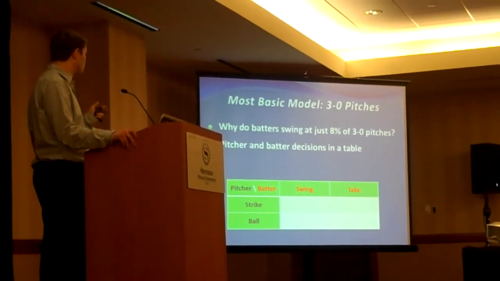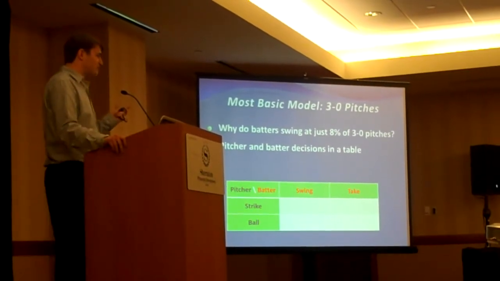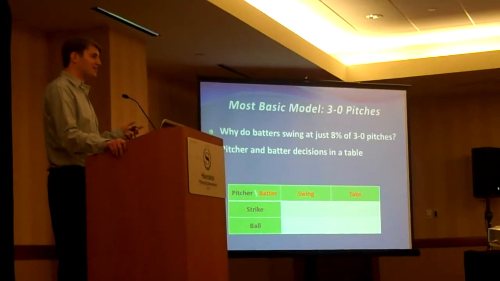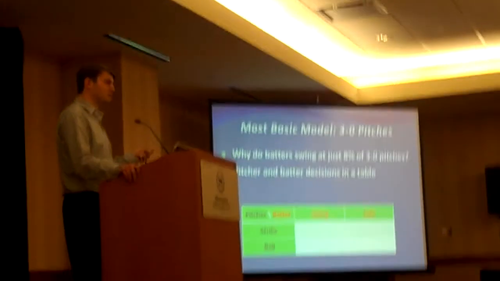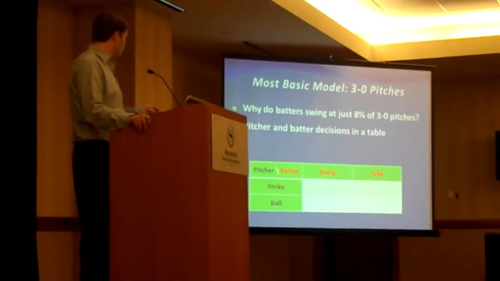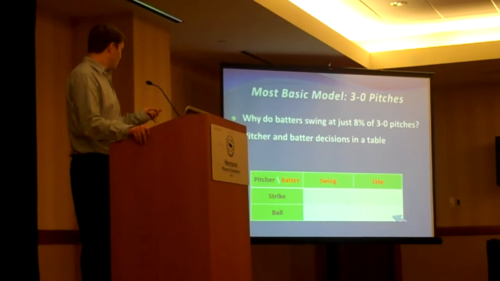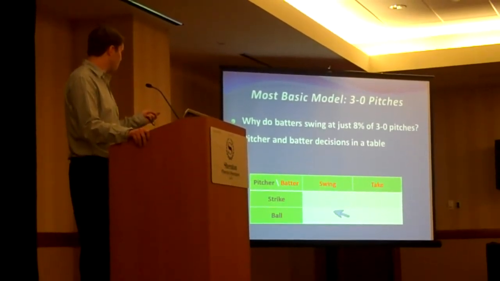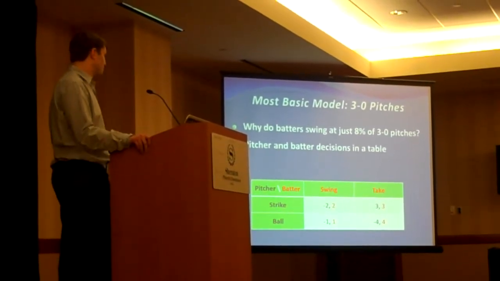However, between strike swing and strike take, if you look at the data, batters actually do better in 3-1 counts than upon making contact in a 3-0 count, because they still get walked a lot in 3-1 counts and they still get good pitches to hit a lot of the time in 3-1 counts. So if we were going to rank the cells from the batter perspective, the most, second most, third most, fourth most, and so 4, 3, 2, 1 will be the payoffs, negative for the pitchers.